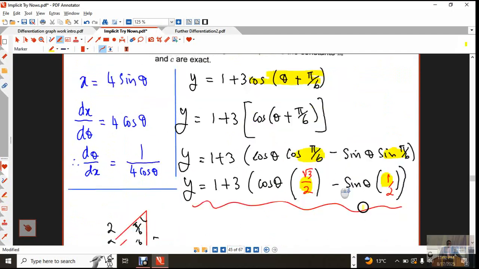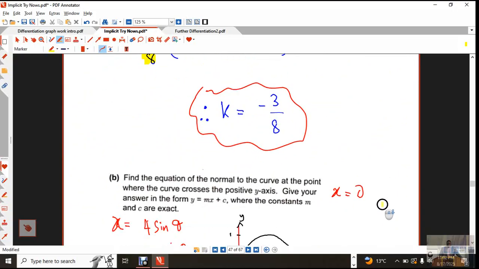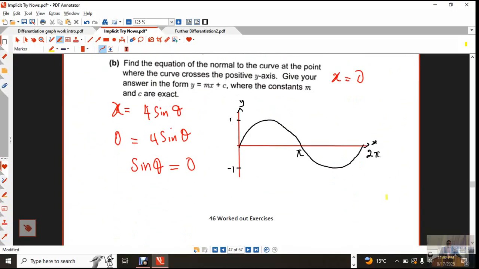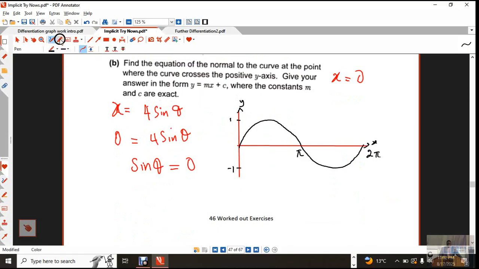Good. So having a look at that diagram that I have made, x equals 0 at the following 3 points. It's at this point, and that point. So therefore theta equals 0, theta equals pi, and theta equals 2 pi.